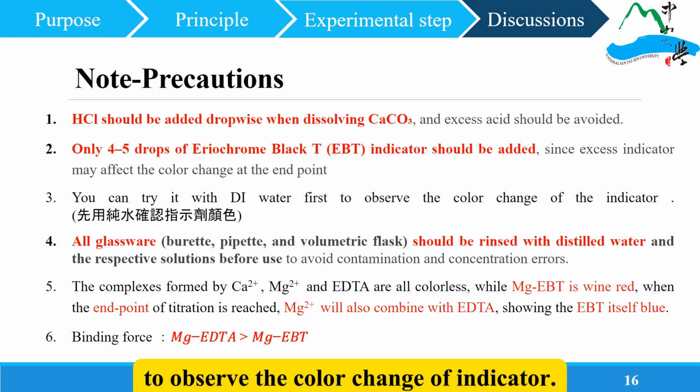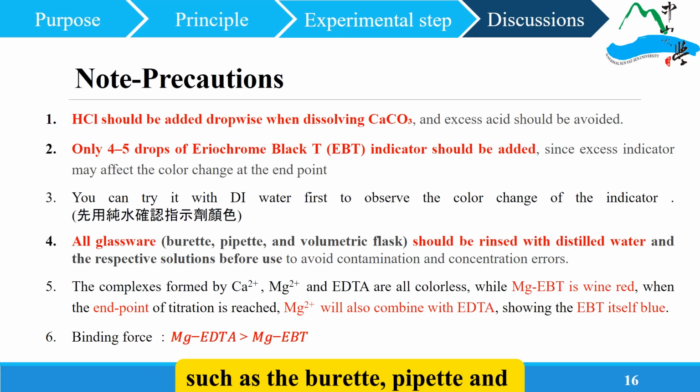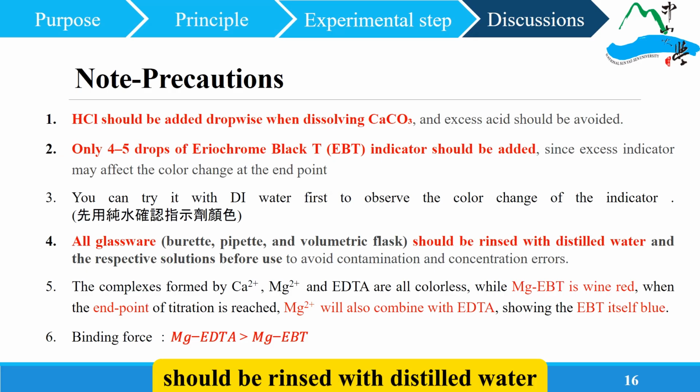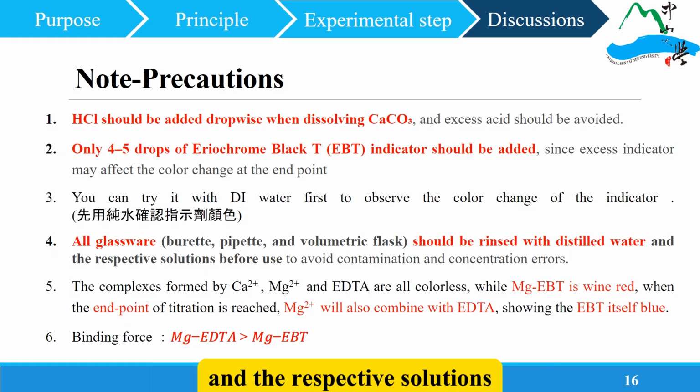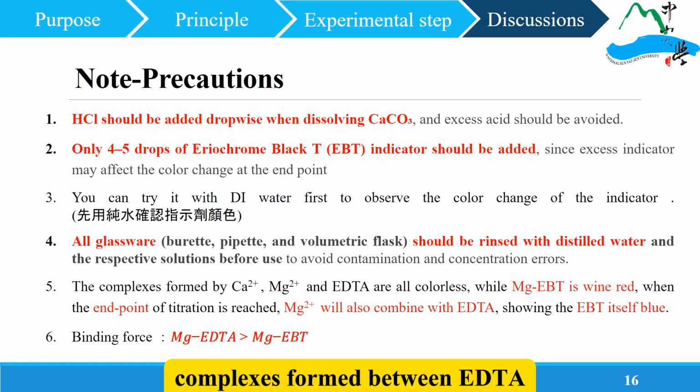Third, you should try with deionized water to observe the color change of the indicator. Fourth, all glassware such as the burette, pipette, and volumetric flask should be rinsed with distilled water and the respective solutions before use to avoid contamination. Fifth, remember that the complexes formed between EDTA and metal ions are colorless.